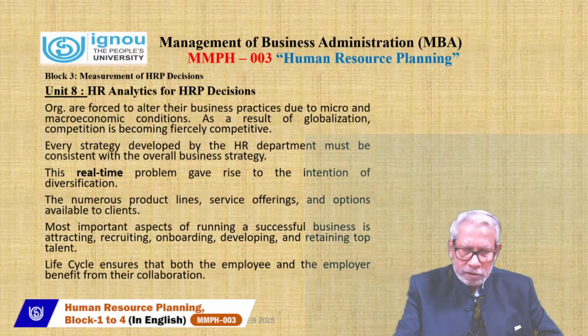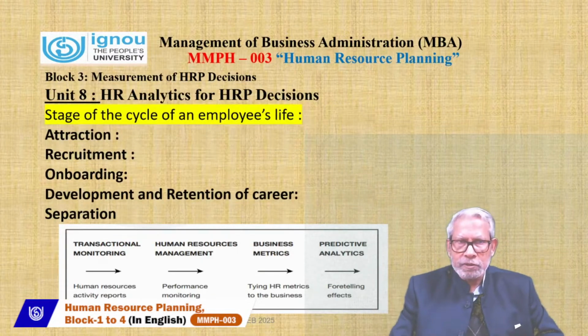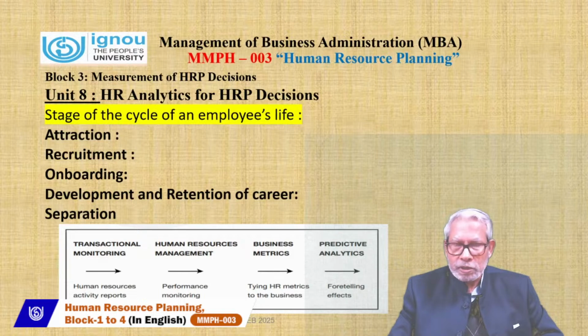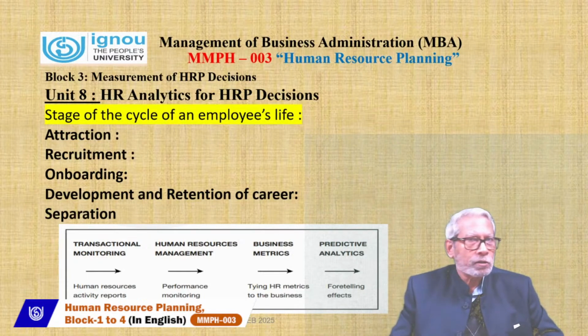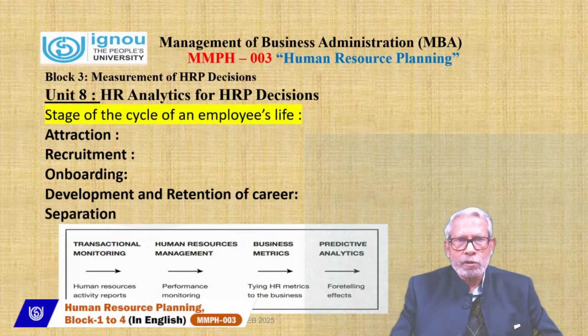It will ensure the things. It's collaborative, you have to do it. Some of the stages of the employee cycle are attraction, then recruitment and onboarding. After that, when you join the organization, you take over and start the work, and then development and retention of careers, then separation if you leave the organization.